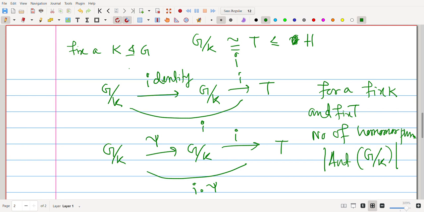Because H may have different subgroups, both isomorphic. So you are fixing one T, where T is a subgroup of H, but it may have T1 and T2 as different subgroups, and both are isomorphic to G mod K. Then you will get different homomorphisms mapping G mod K to those subgroups, right? So that's why you need to count the number of T type subgroups inside H.